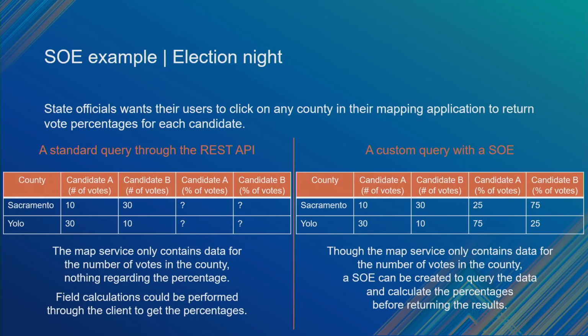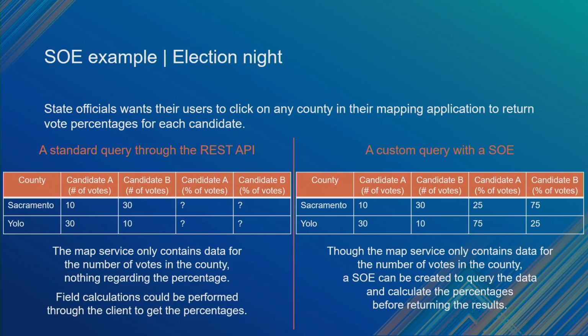Let me give you a very simple example of what an SOE is. We'll act like it's election night, and we want to share this data with our local county that we're voting for. We don't have all of the data in this table. All we have is the local counties, and then we have candidate A and candidate B for these counties. And our local state officials said, hey, we want to show the percentage of this.